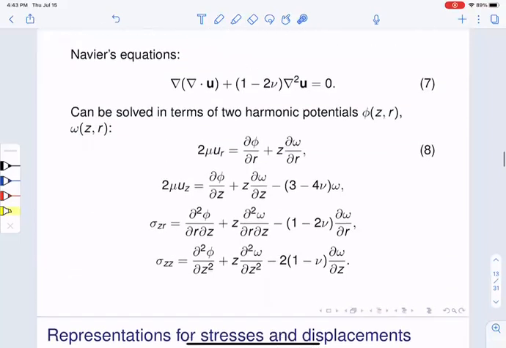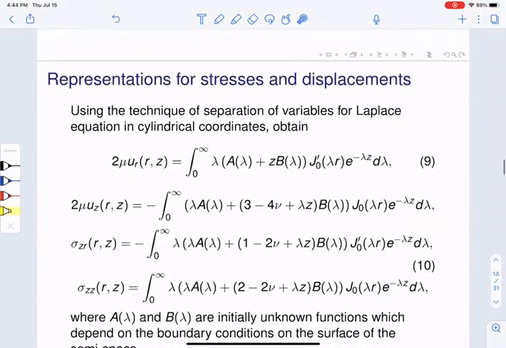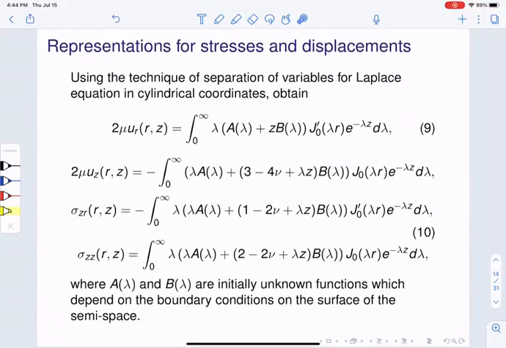Since those are harmonic potentials, we can solve the equation and obtain integral representations for our stresses and displacements. So here again are those integral representations, where A and B of lambda are two unknown functions, which we need to find using our boundary conditions.